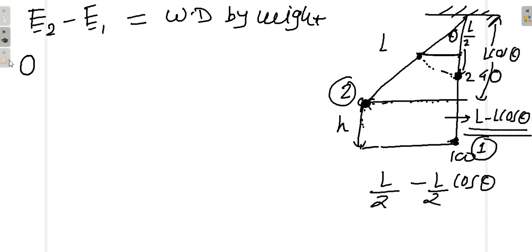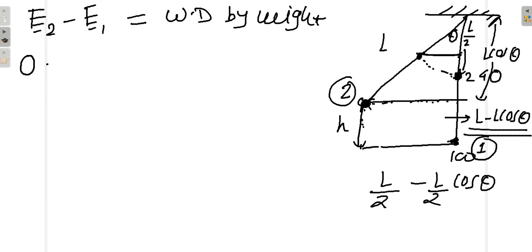That is the final kinetic energy. What is the initial kinetic energy? The initial kinetic energy will be rotational kinetic energy.